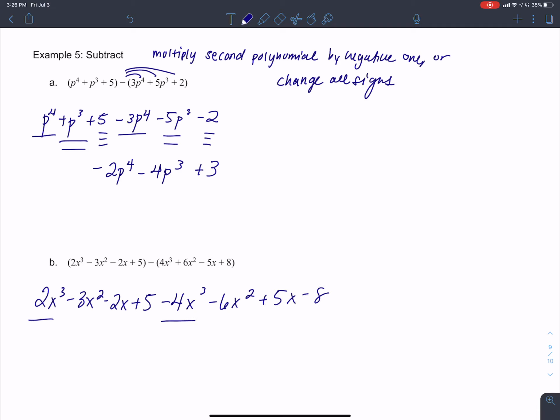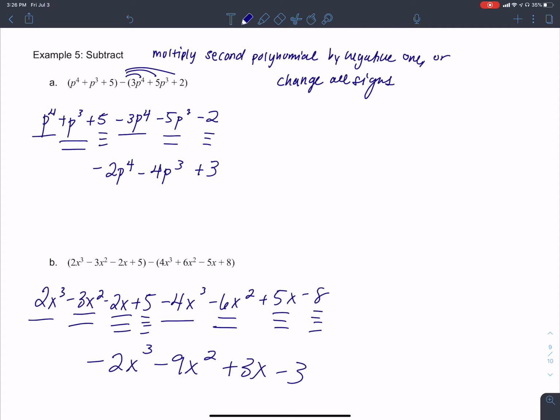Find my like terms. So negative 2x cubed minus 9x squared plus 3x minus 3. And I'm done. Okay?